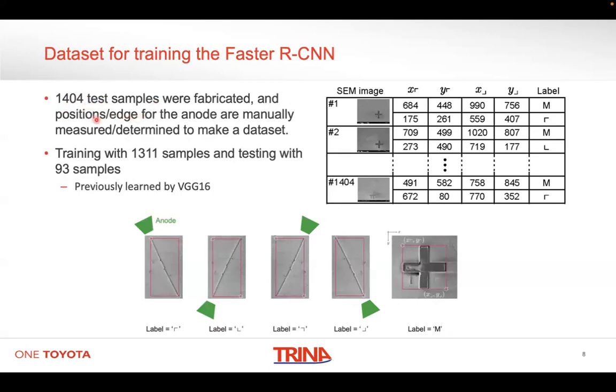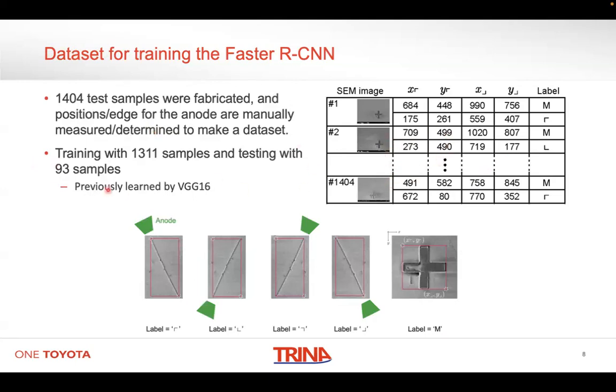And we manually observe the position and edge of the anode, which is measured or determined to make this kind of data set. So this task is quite tough, but we successfully made this data set.